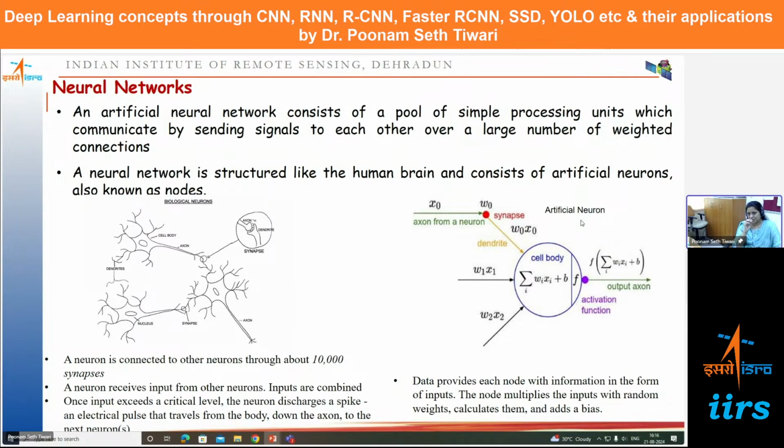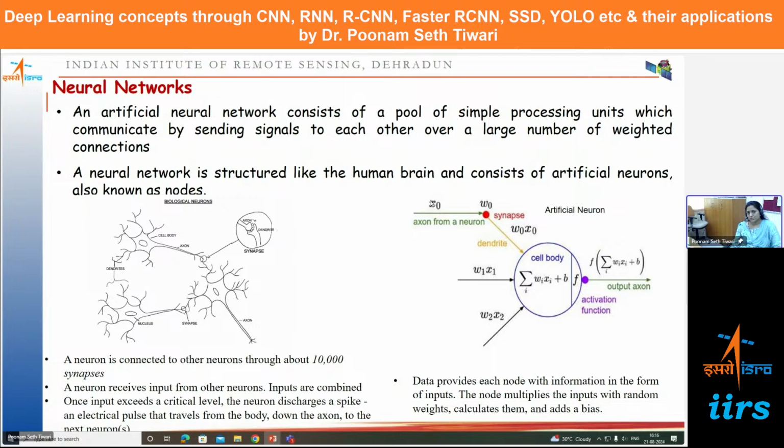In the artificial neuron, we have a cell body, and this artificial neuron is connected to the neurons of its previous layer and neurons of its successive layer also. Now, the cell body, the neuron, takes the information from all the neurons to which it is connected.